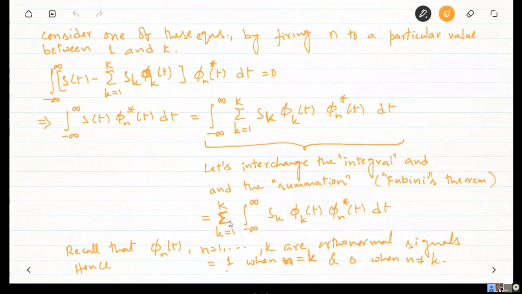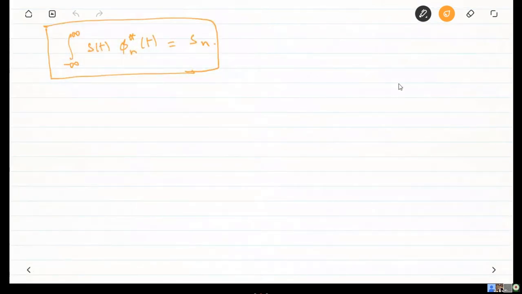When this k becomes n, then only we will have this here. Okay, yeah, so this is it.